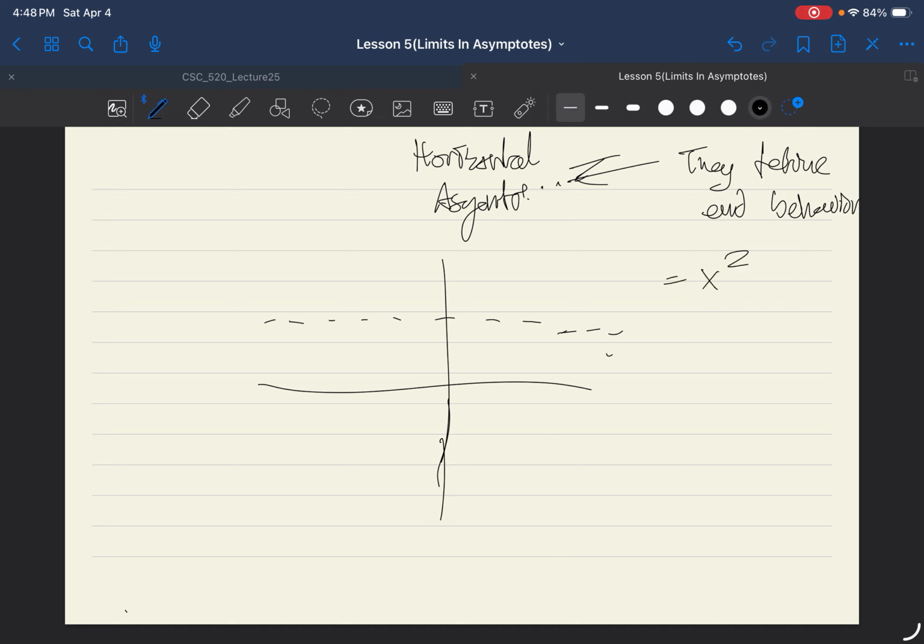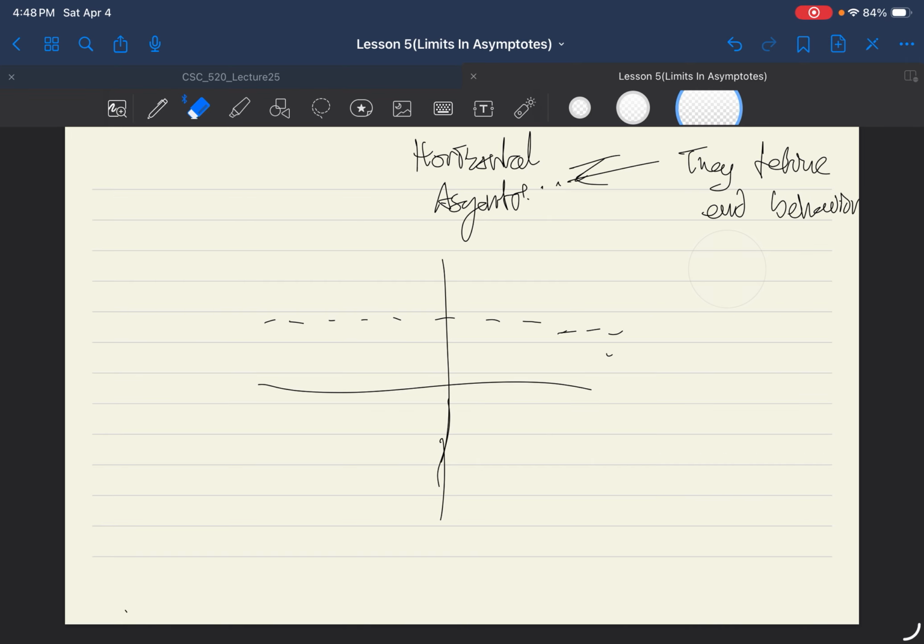So let's say f of x is equal to x squared, right? For obvious reasons, this can never be negative. Does that mean x equals 0 is a vertical asymptote? No, right?